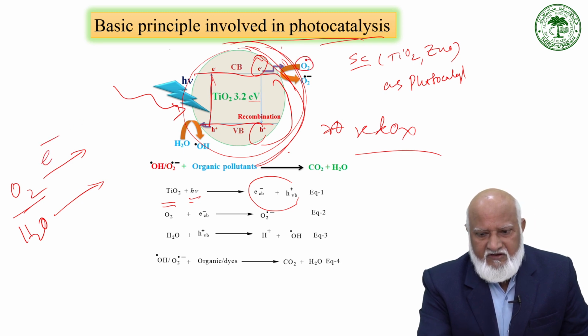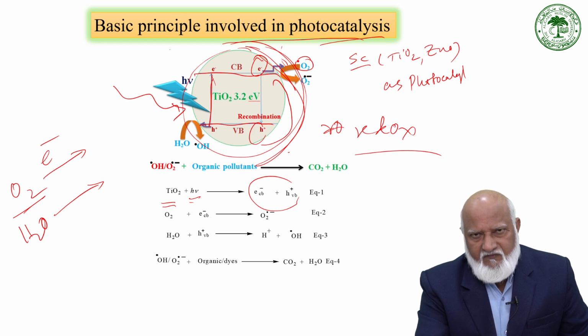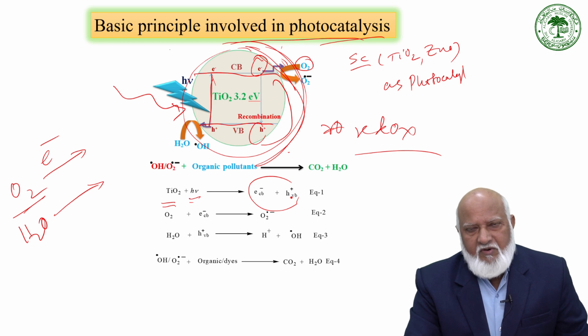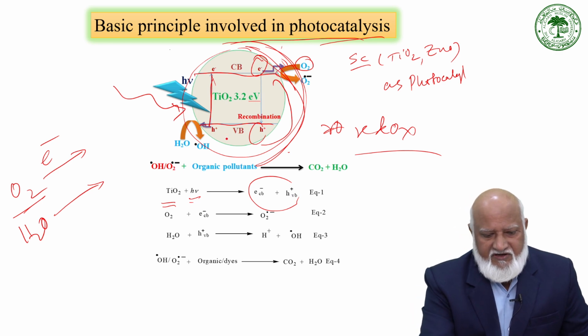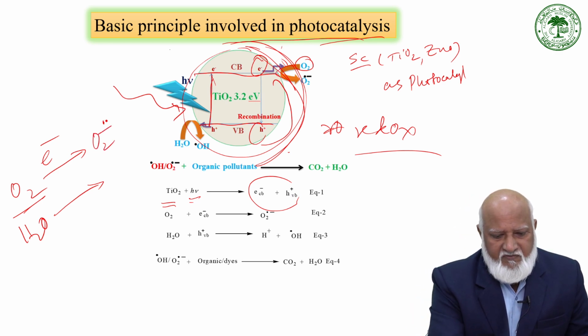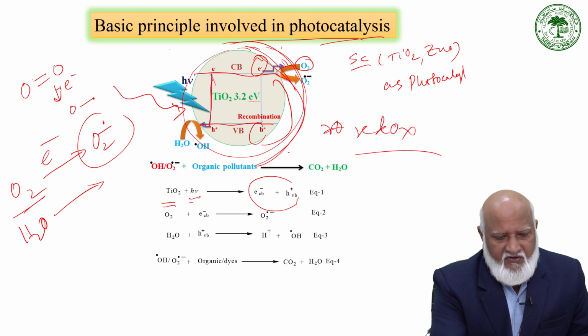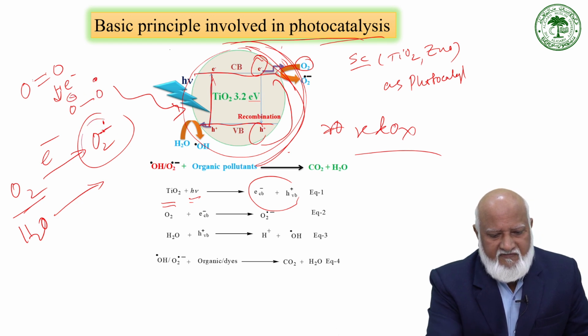When we do the reaction in the laboratory, in the photoreactor we just bubble air, and then oxygen picks up an electron and generates O2 dot minus. That is oxygen plus electron. So one electron in excess, since there are two electrons in one single bond, you are just generating O2 dot minus. This is called superoxide.